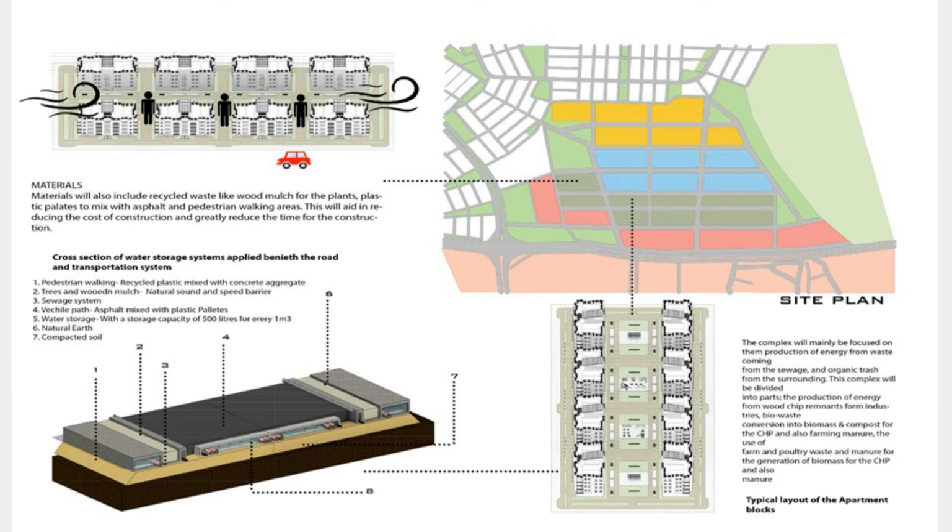For instance, if you look at the cross section of the road that I designed on the bottom left, this design system also gives storage for water beneath it, as you can see, with the asphalt right above and the pedestrian right above. Between the asphalt and the pedestrian, I created a green barrier.